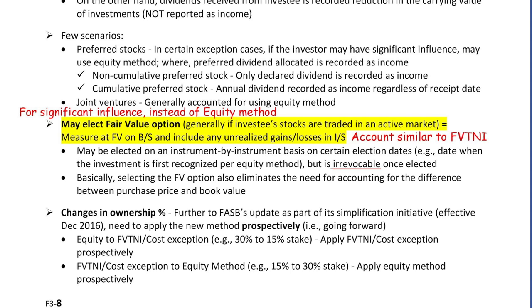That's generally if the investee stocks are traded in an active market, where you measure at fair value on the balance sheet and any unrealized gains and losses go into the income statement. Basically, you write account similar to FVTNI.